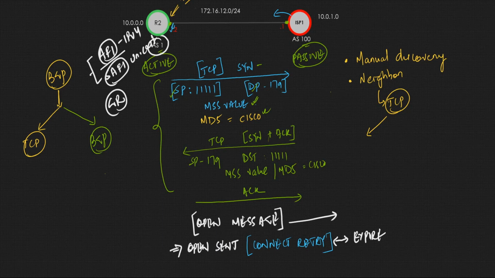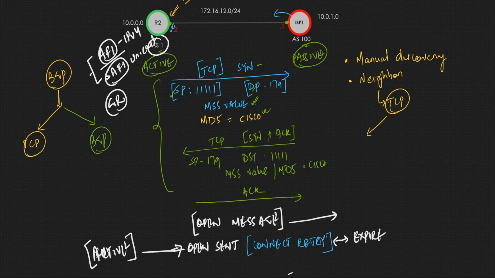Let's say the connect-retry timer is 1 second. Within 1 second, if I do not get an open message from my neighbor, then the connect-retry timer has expired and R2 will transition from OpenSent to the Active state.